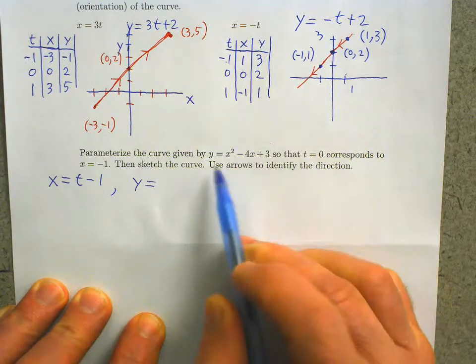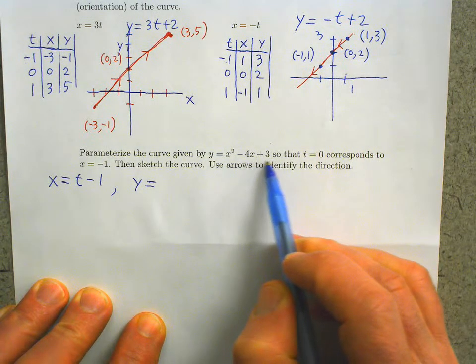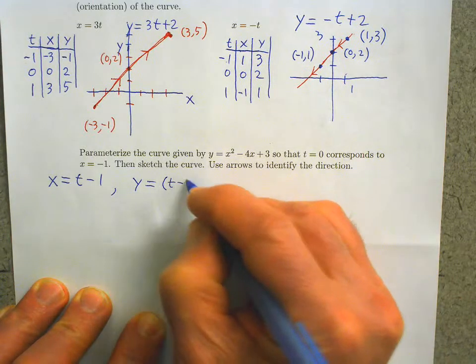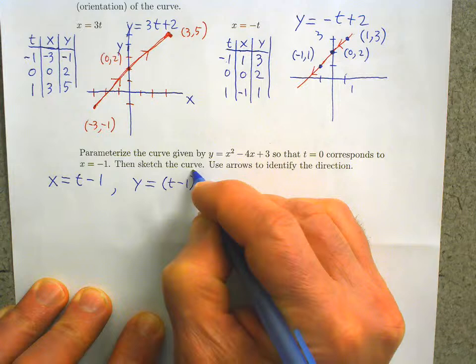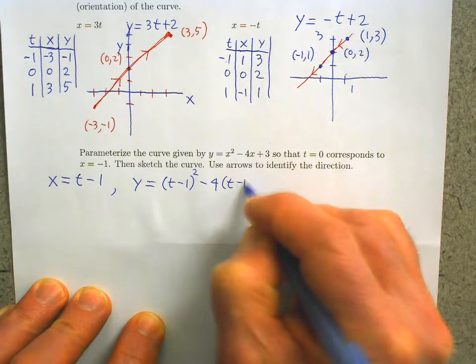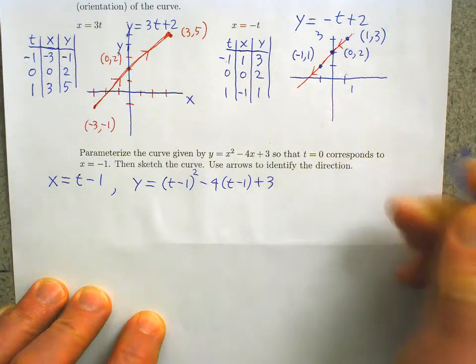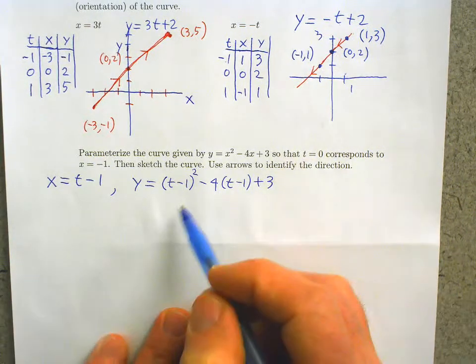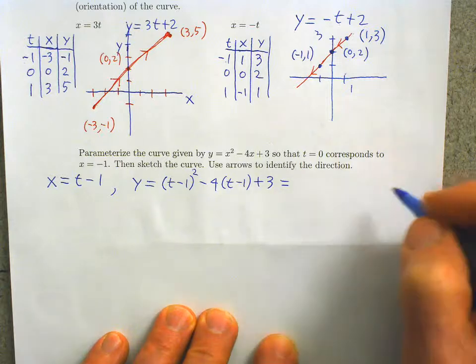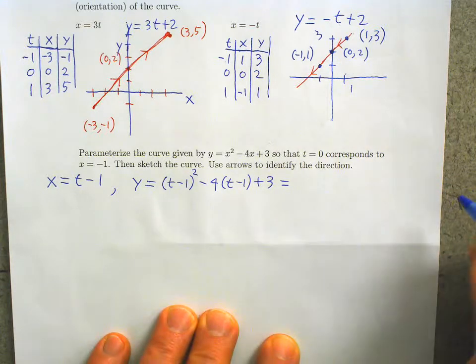in this equation, y equals x squared minus 4x plus 3, we just replace x with t minus 1. So y equals (t minus 1) squared minus 4 times (t minus 1) plus 3. And we'll do the algebra and arithmetic to simplify y as much as we can.